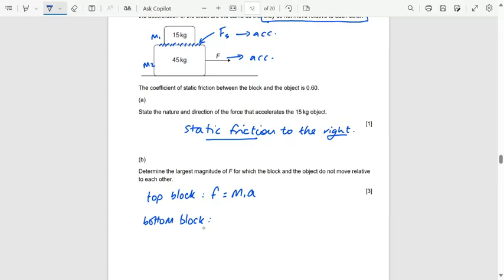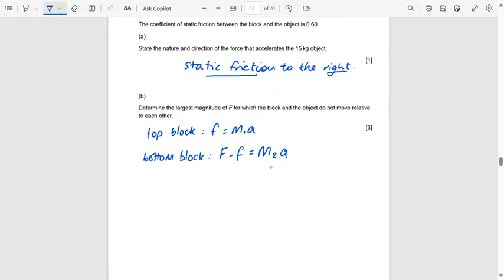The bottom block is subjected to a force, but then we have to take away the frictional force from the top block that's pulling it back. So that is going to be equal to its mass multiplied by the same acceleration.